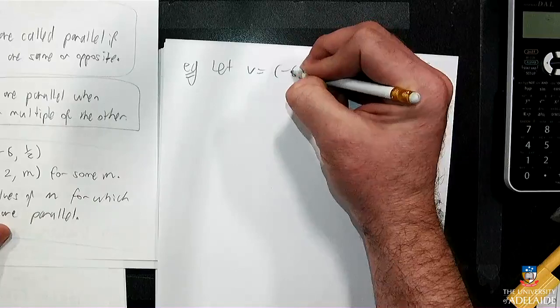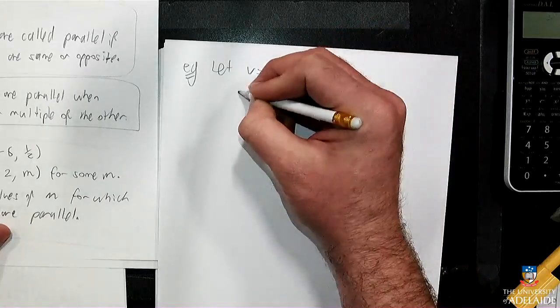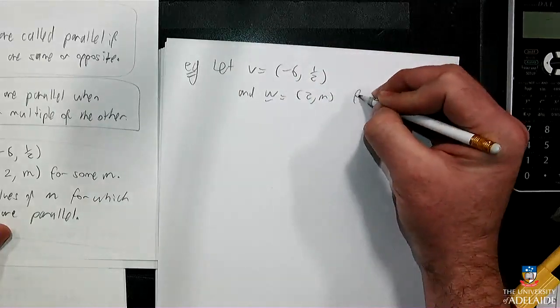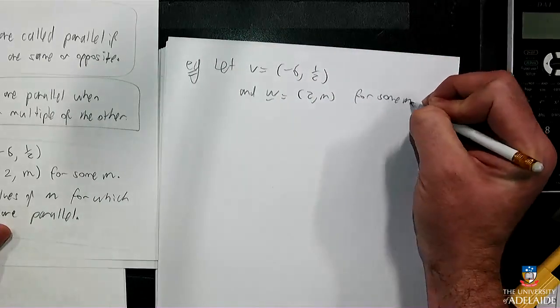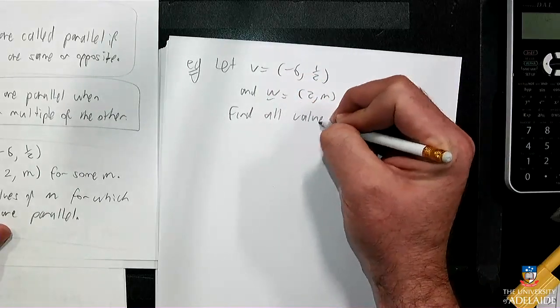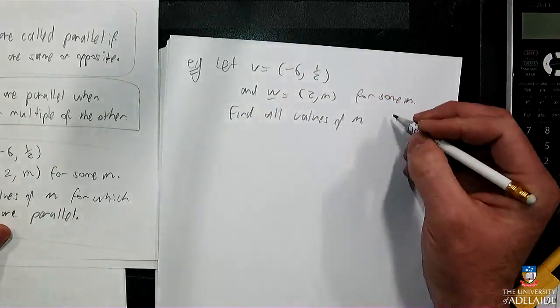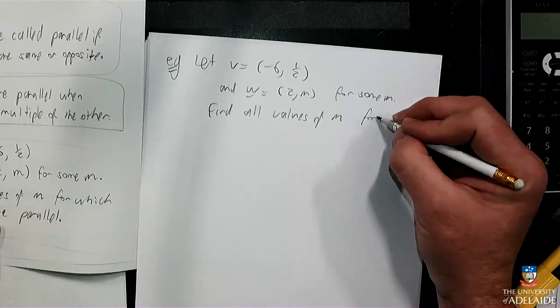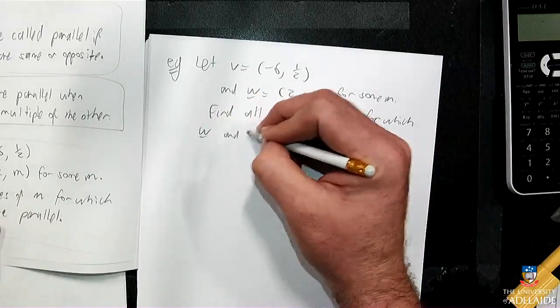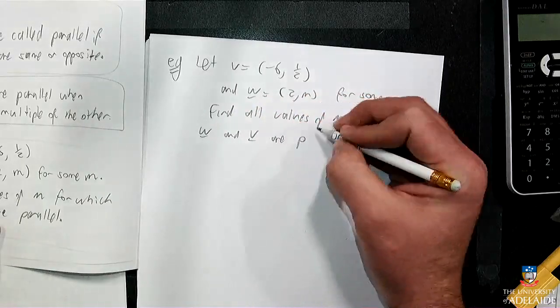Let v be (-6, 1/2) and w be (2, m) for some m. Find all values of m for which w and v are perpendicular.